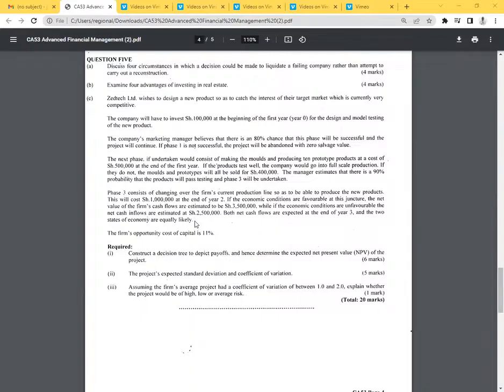The firm's opportunity cost of capital is 11%. So basically, they are giving us the cost of capital. They want us to construct a decision tree to depict payoffs and hence determine the expected net present value of the project.